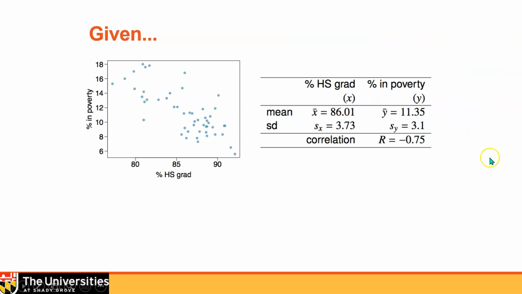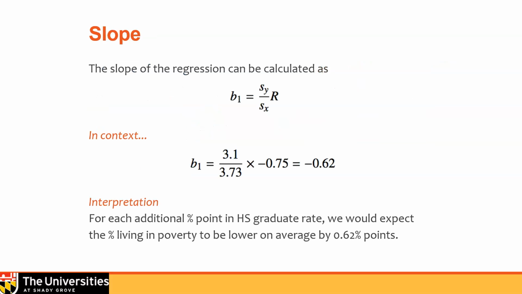So it turns out that if we know the mean and standard deviation of our explanatory variable, and if we know the mean and standard deviation of our response variable, we can actually calculate beta sub 0 and beta sub 1 without running software.